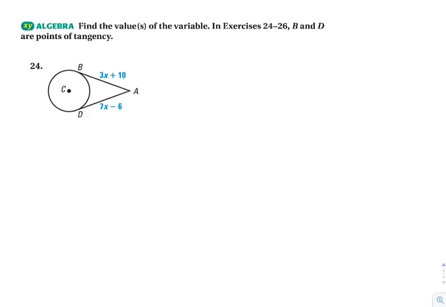All right, so how you would use that is pretty straightforward. You would see a problem like this, and you'd say, oh my gosh, look at that symmetry, top and bottom. Those two are congruent. So we just say 3x plus 10 equals 7x minus 6, and use some algebra. So taking 3x from both sides, adding 6 to both sides, 4x is 16.